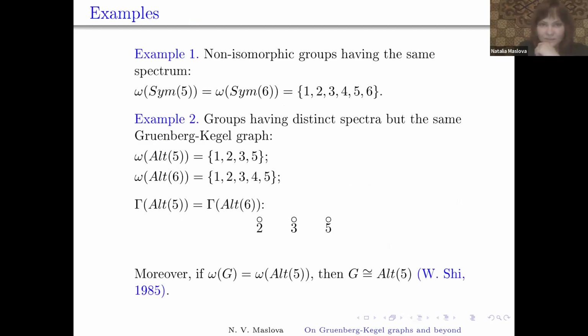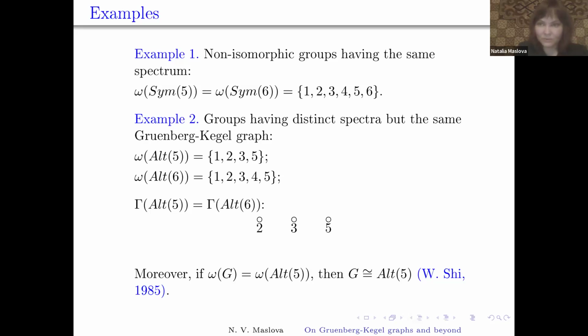And let us give some examples. There are non-isomorphic groups with the same spectra. For example, symmetric groups on 5 and on 6 points. There are groups with different spectra, but with the same Gruenberg-Kegel graph.